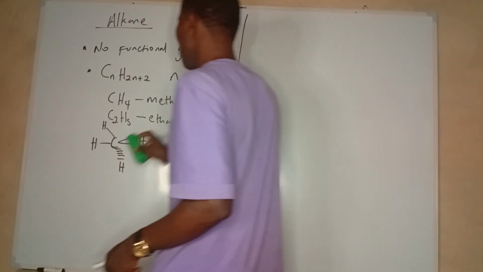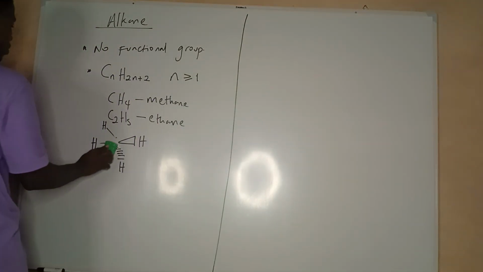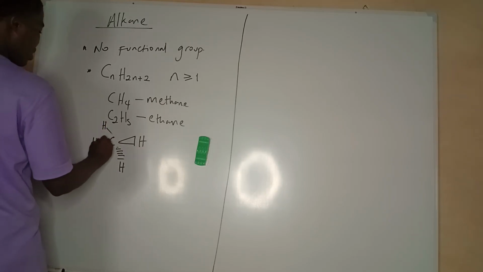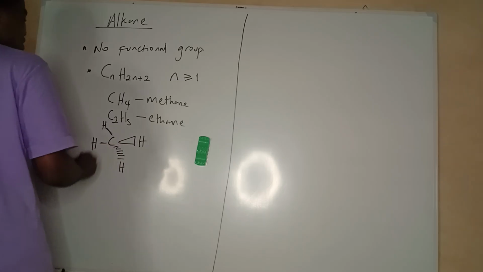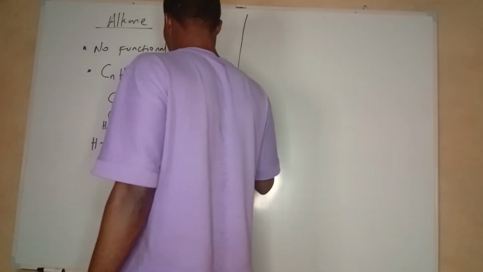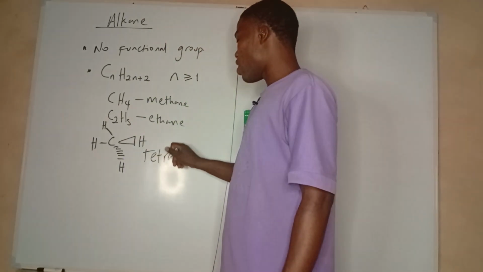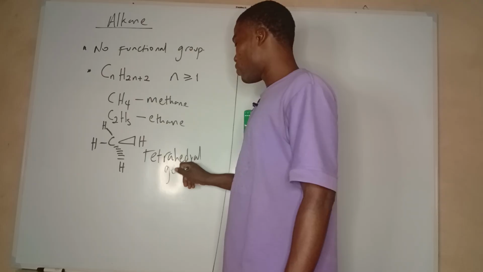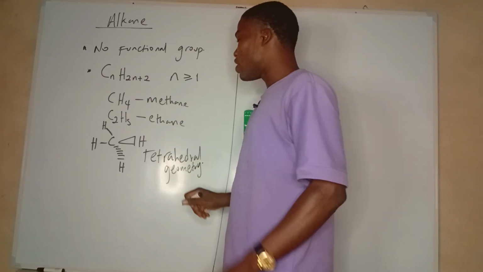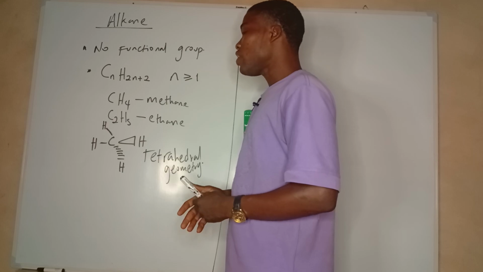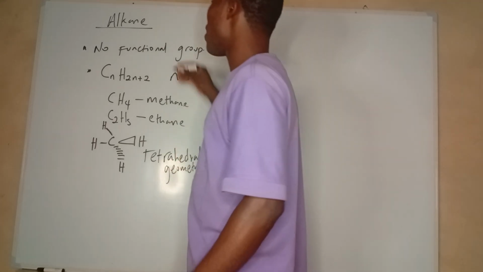Let me just adjust it. So we'll say something like this. In an alkane, each carbon has a tetrahedral geometry.